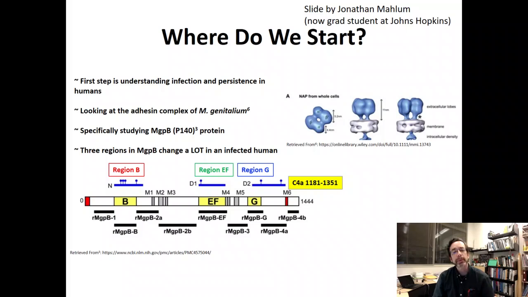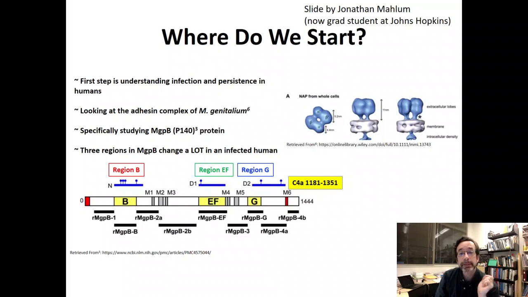And they saw that three regions, shown here as B, E, F, and G, three regions would consistently be varied over time. It seems like these were regions that it could recombine, and it could switch these out and do mutations in them to avoid antibody binding. So we want to understand, how do these regions bind antibodies or not bind antibodies when they mutate to get rid of the antibody binding?